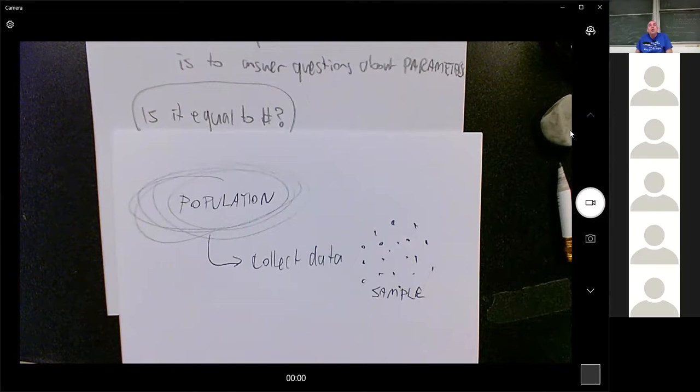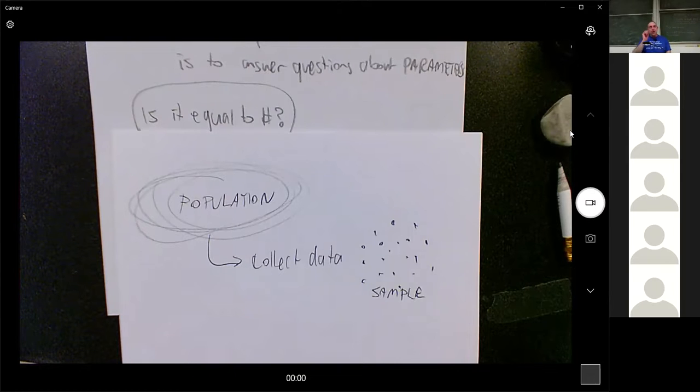So all of your answers are probability answers. It's like, I'm 95% confident that the population parameter is between this number and this number. That's a confidence interval. Or I've got this p-value that says the probability of getting data like mine or worse, if the number really was the number I'm thinking of, is low. It's all probability.